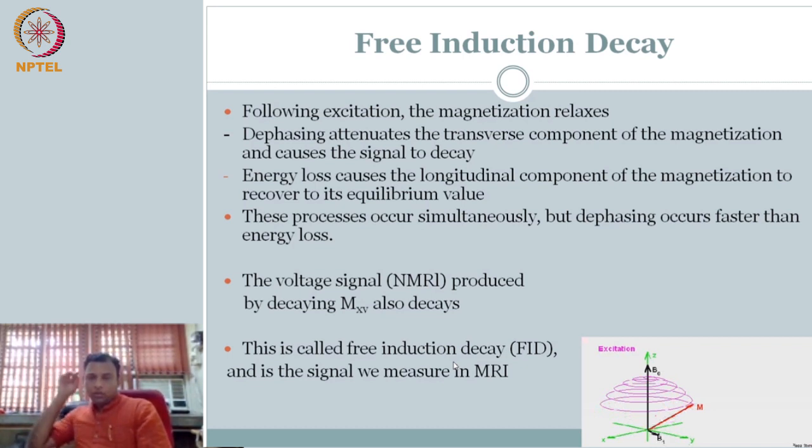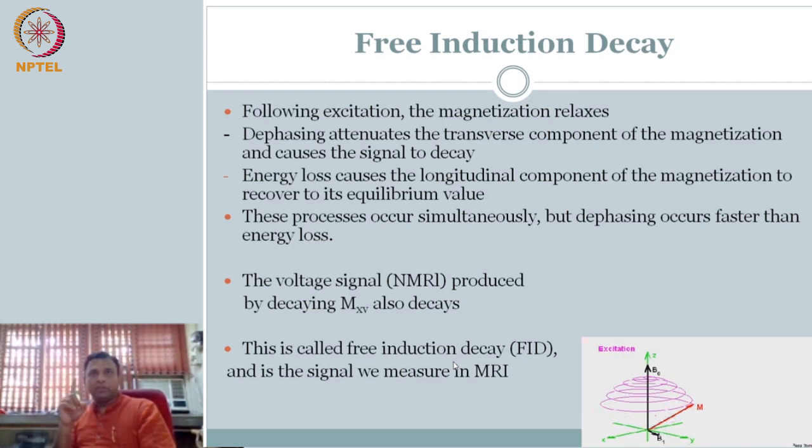But notice you also have a magnetic field B naught. What happens if the magnetic field is not homogeneous? Meaning there are fluctuations, right? It cannot be perfect. So you have a base B naught, but there are small imperfections, and therefore you have B naught plus delta B naught, or small changes, plus or minus. Then what will happen? If a region is experiencing more than B naught, it is going to precess faster.